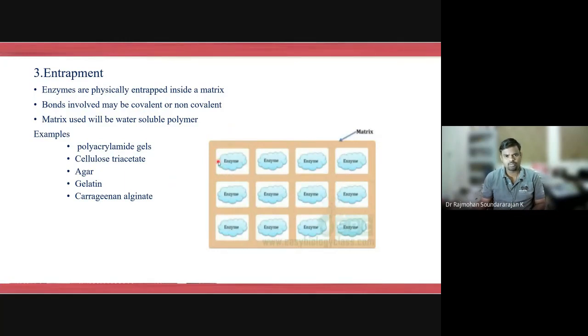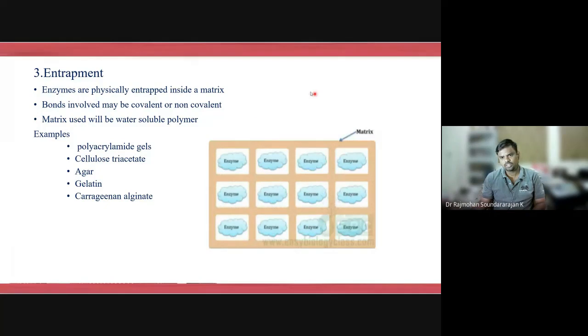What are the different materials used for this matrix encapsulation? Agar, gelatin, alginates, cellulose triacetate and polyacrylamide gels are used as the matrix for entrapment of the enzymes. Here you can see a more ordered way, right?